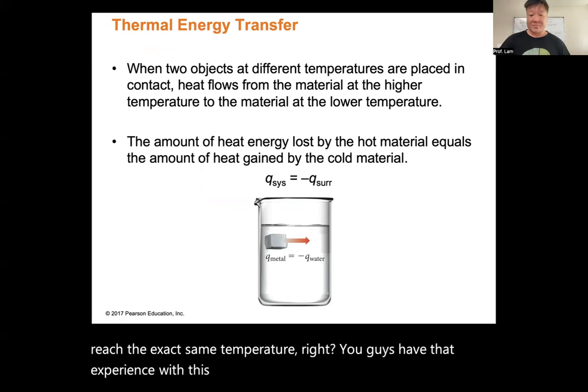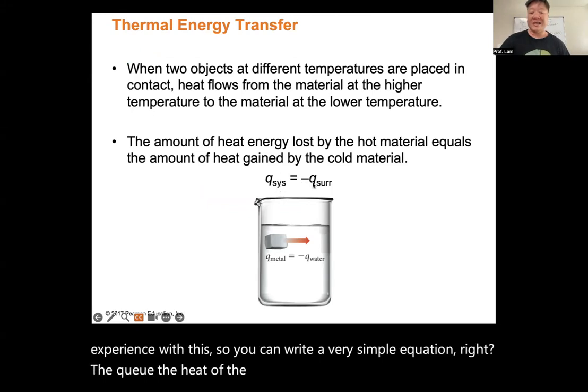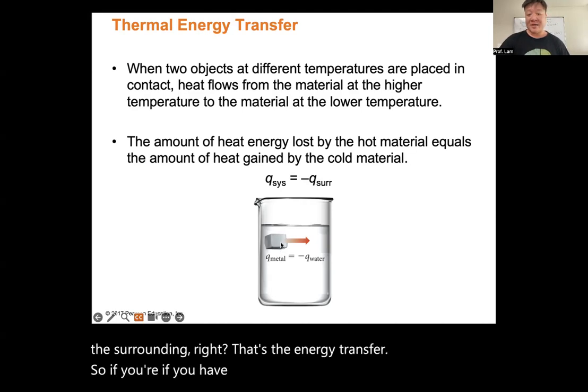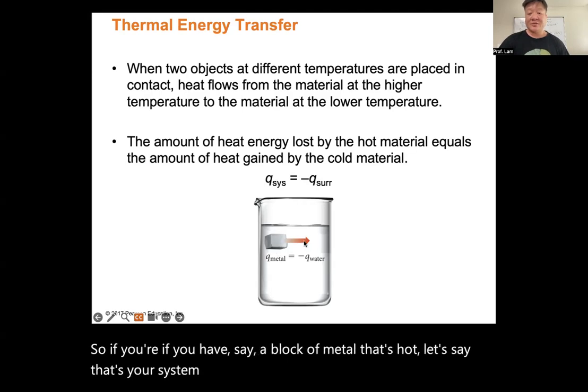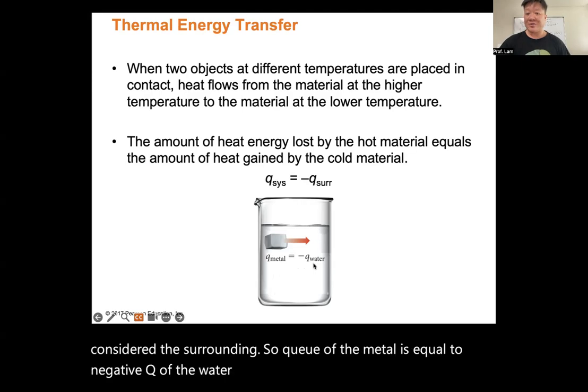So you can write a very simple equation: the Q, the heat of the system, is equal to negative the heat of the surrounding. That's the energy transfer. If you have a block of metal that's hot, say that's your system, it's going to lose heat to the water, which is considered the surrounding. So Q of the metal is equal to negative Q of the water. That's the thermal energy transfer.